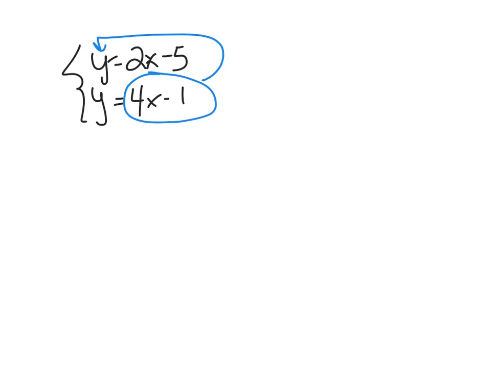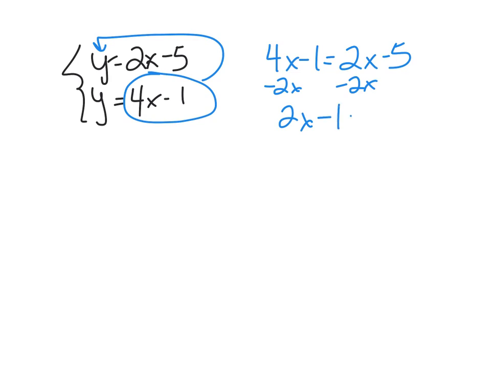I could have also done it the other way around. That gives me 4x minus 1 equals 2x minus 5. At this point, you need to remember what we know about solving equations. Since I have variables on different sides of the equal sign, I'm going to subtract 2x from both sides to get all of my x's on the same side. That leaves me with 2x minus 1 equals negative 5.